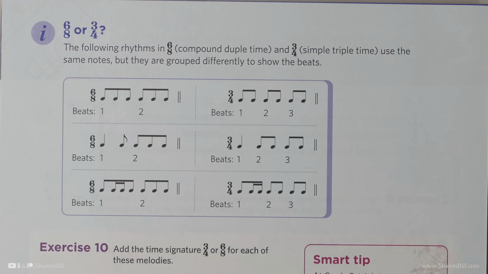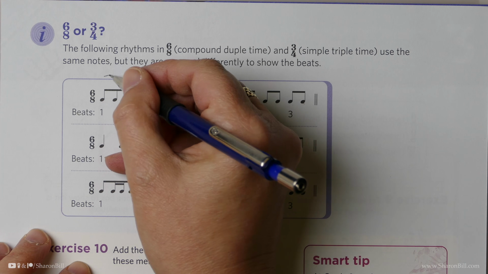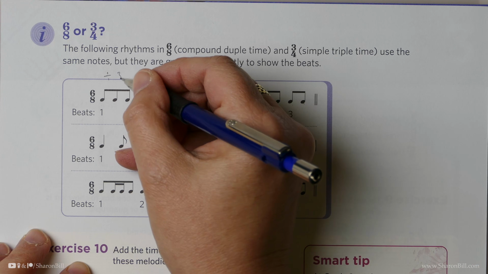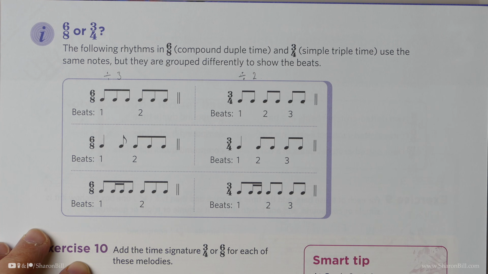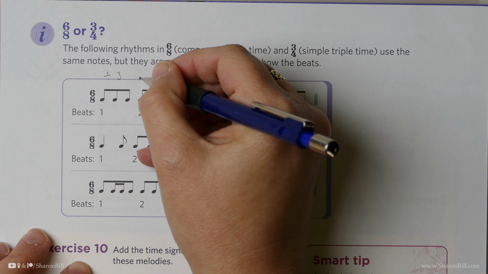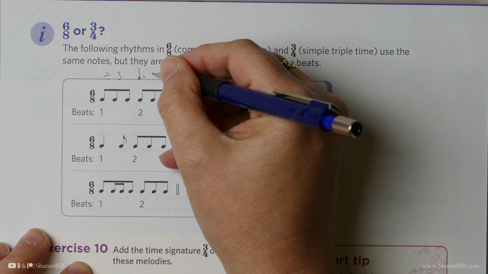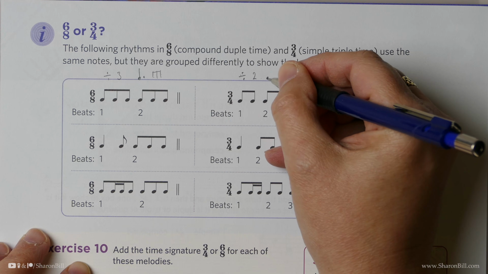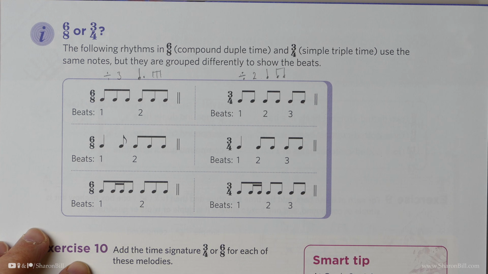We do have to remember that compound time is divided into groups of 3, whereas simple time is divided into groups of 2. And so we need to show each beat with a dot here, because we're counting in dotted crotchet beats to show 1, 2, 3 quaver beats, whereas here we're just counting a crotchet beat which divides into 2 quaver beats.